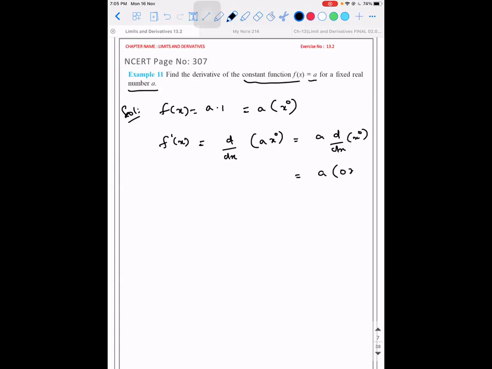So that will be a into 0 into x power minus 1. Shall I move on?